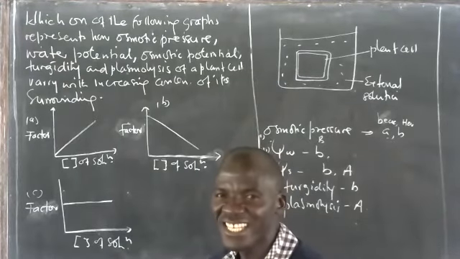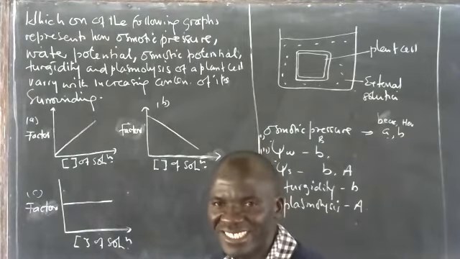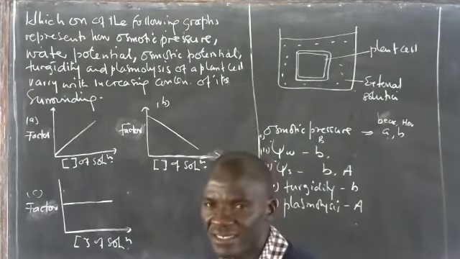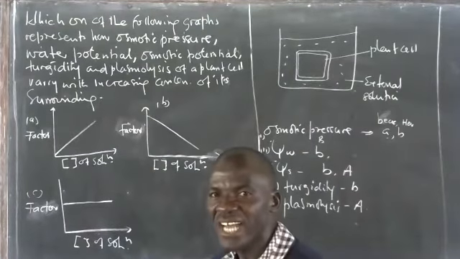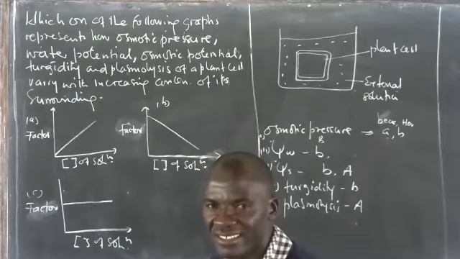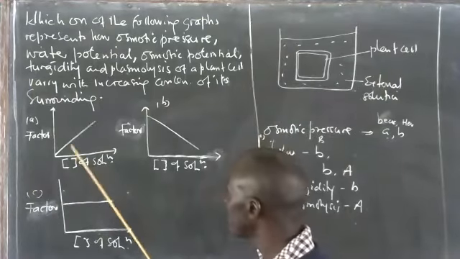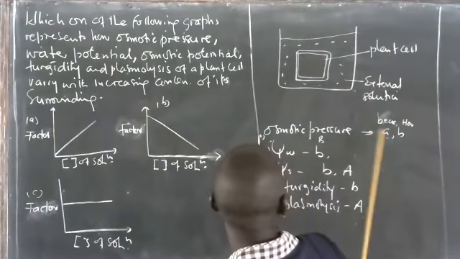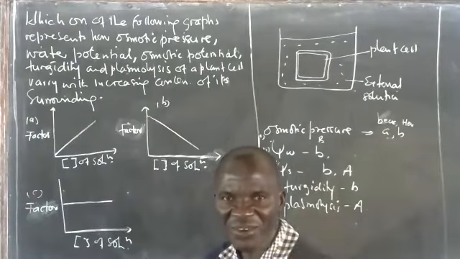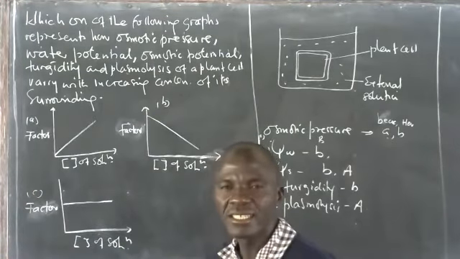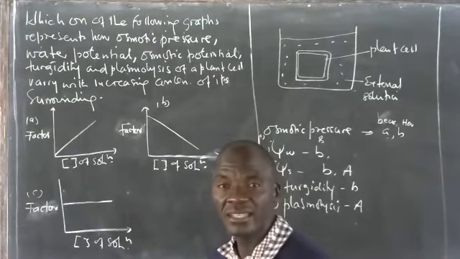That would mean the proper graph that will represent how the osmotic pressure of that cell varies with the concentration will be A. So Beck was right, because as it loses water, its concentration is increasing, and the higher the concentration, the higher the osmotic pressure.